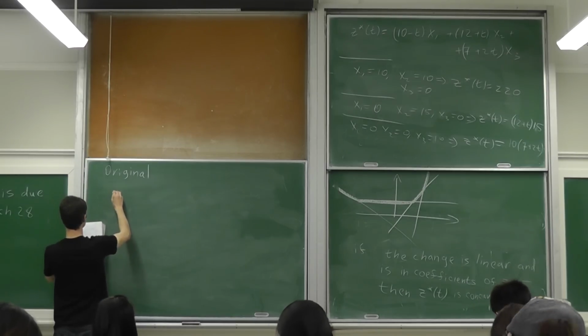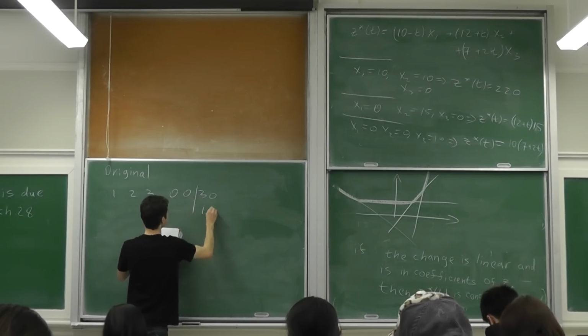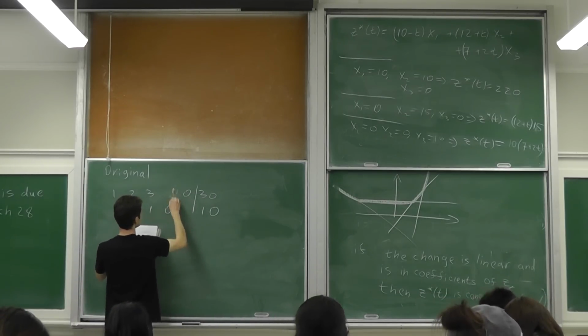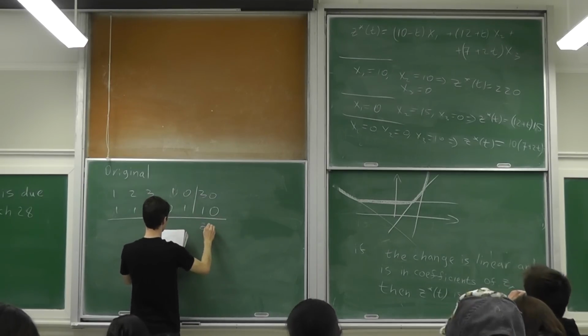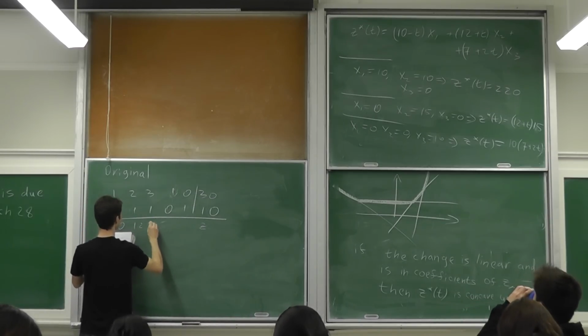The original problem was 1, 2, 3, 0, 0, 30; 1, 1, 0, 1, 0, 10. Z was 10, 12, 7.